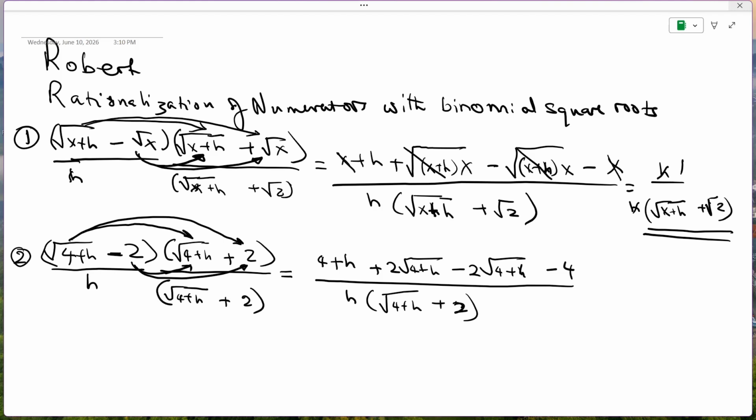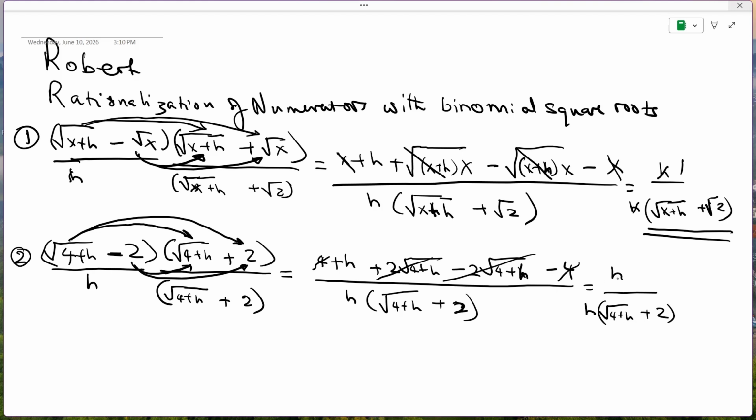Again, now we need to simplify our expression here. This minus 2root 4 plus h, this plus 2 root 4 plus h, same expression, so they cancel. And then we have a 4 and a negative 4. So we are left essentially with h at the top, and at the bottom we are left with h into root 4 plus h plus 2.